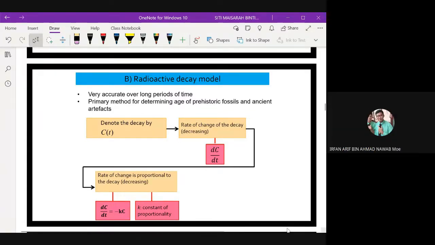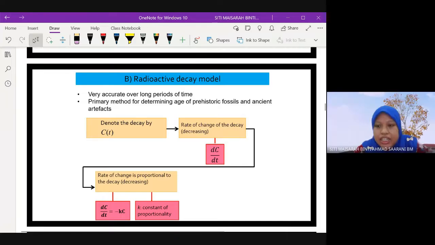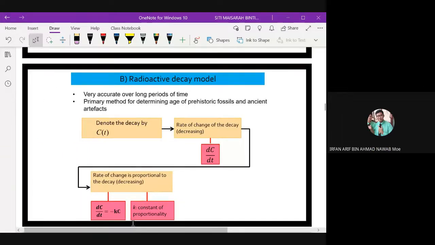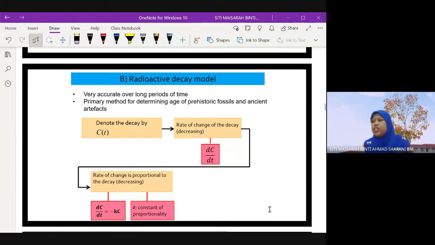Sebab dia negatif. Ya, dia kena letak negatif. Kenapa dia decreasing sebenarnya? Decay tu apa maksudnya? Decay tu maksudnya dia punya amount dia ataupun mass dia dia akan berkurang sebenarnya.